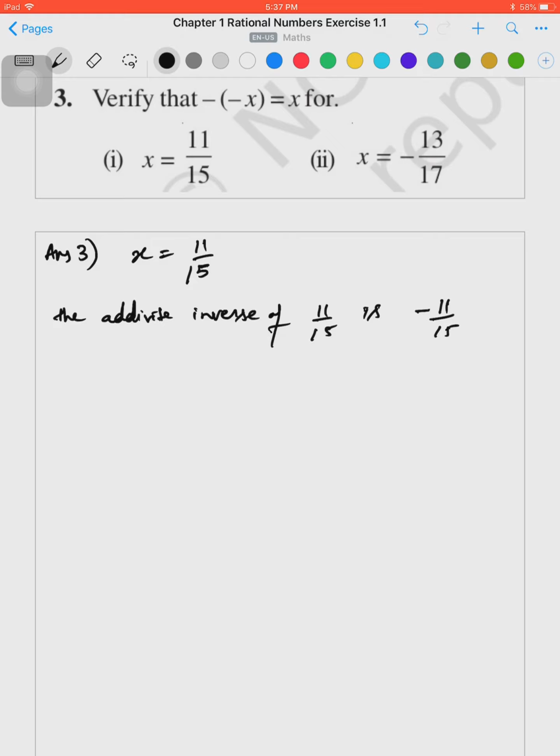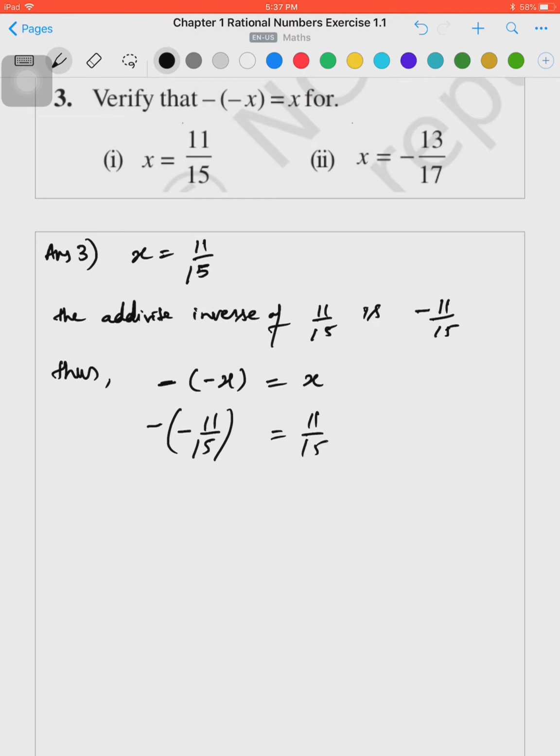Thus, as we have to write in this equation, minus of minus x will result in x. Let's check this. On this side we have minus of minus x, which will be minus of minus 11 by 15, and equals 11 by 15.